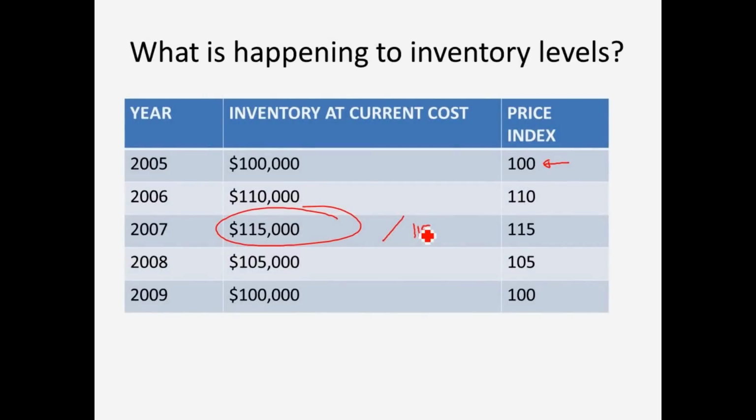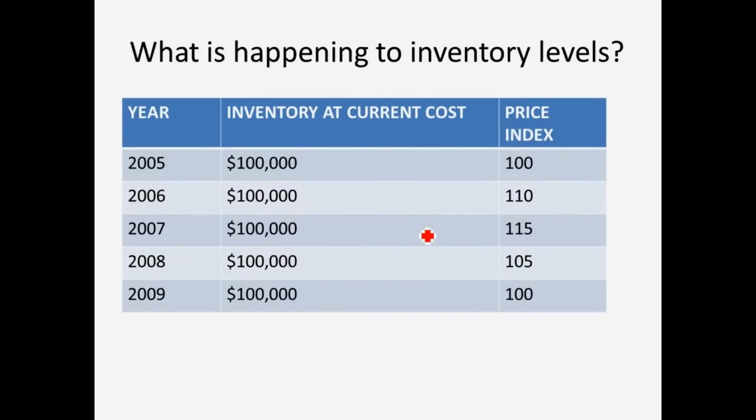So in this example, every year my inventory is staying exactly the same in terms of quantity. It's fluctuating all over the place in terms of dollar cost, but it shouldn't really affect my cost of goods sold, because really all that's happening is the price of the ending inventory is changing.